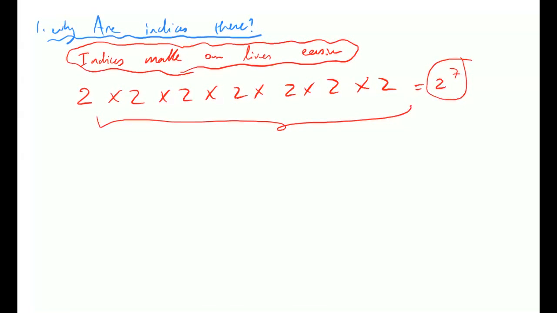So that's number 1. Number 2, it simplifies calculations significantly.